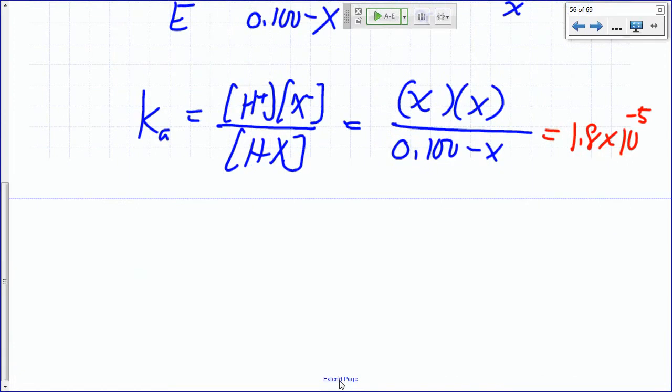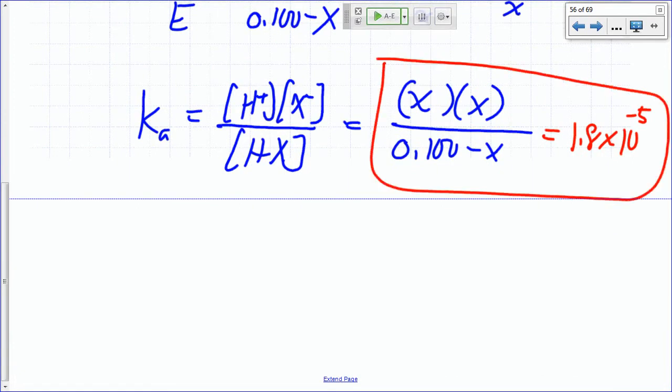It's given as 1.8 times 10 to the negative fifth. So you have a quadratic equation here. Work out the algebra and solve for X. Can we simplify? No, because this is 0.1 minus X. So that's X squared over 0.1 minus X equals 1.8 times 10 to the negative fifth.